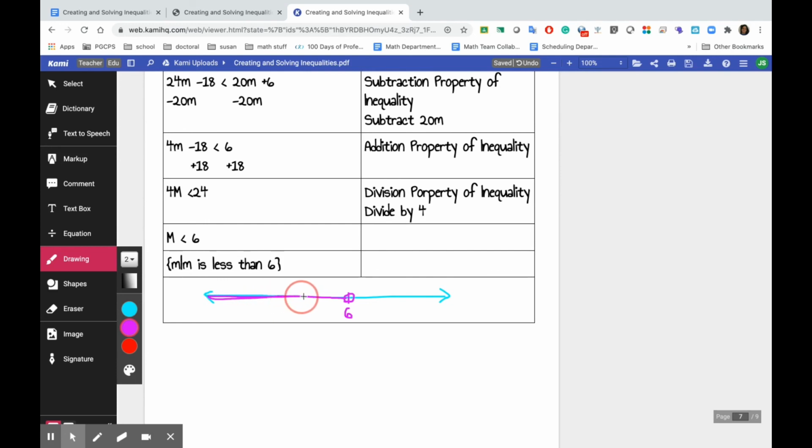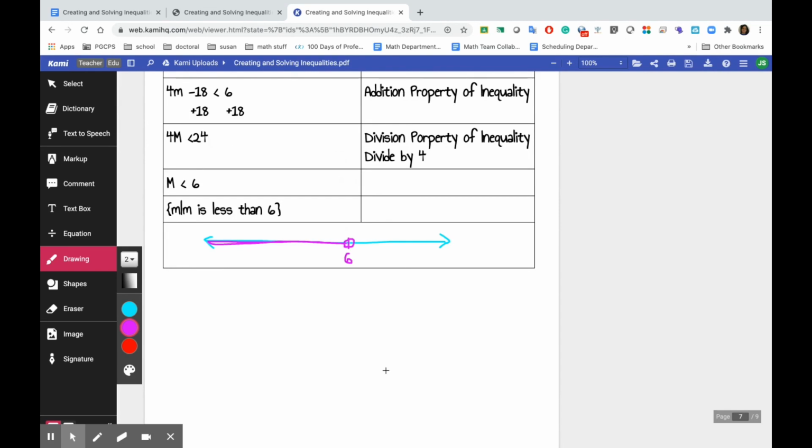These numbers are less than 6. So the solution can be negative 4, 0, 7, no, not 7, because 7 is greater than 6. As long as it's less than 6, it can be negative 25, and it goes up to negative infinity.